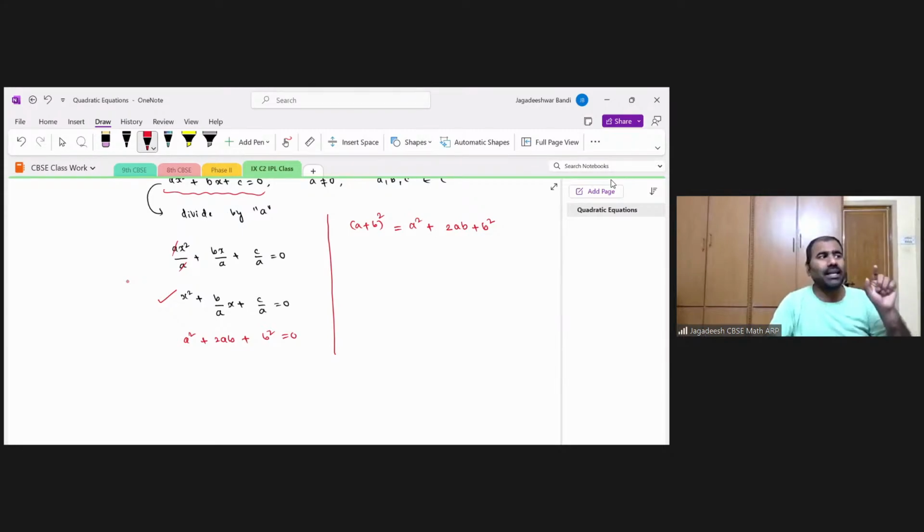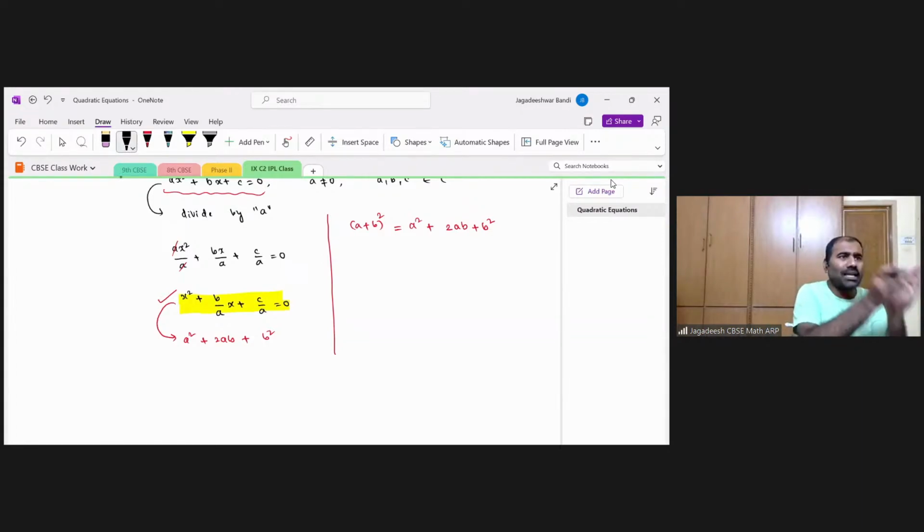So once again, I'm repeating, we want to convert this entire step, x square plus b by a x plus c by a, into this form completely. Then only we can write it equal to (a plus b) whole square.